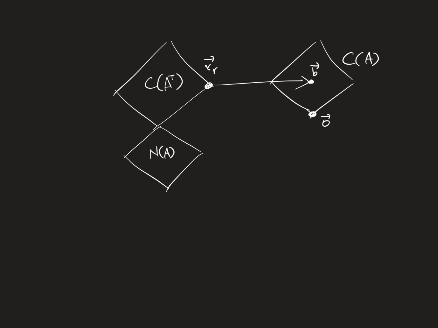We'll write this diagram again: this is the row space, and this is the null space, and this is the column space.